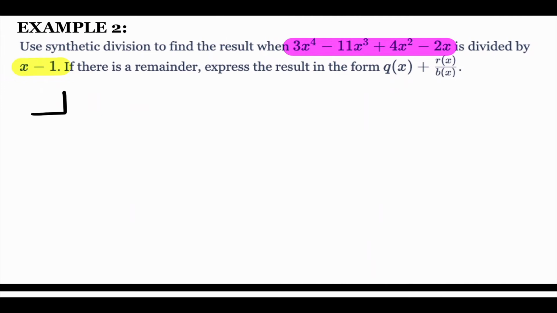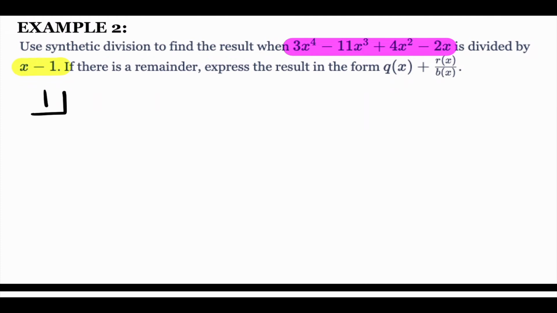Which one would come second? Yeah, it's going to go in front, right? The yellow would be the one that goes in front for long division. Okay, so I'm going to use x minus 1, except I don't want to use x minus 1. I want to use the 0 of x minus 1. So what would the 0 of x minus 1 be? Positive 1. That's the number I put here.